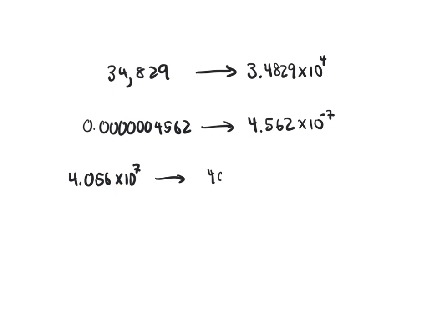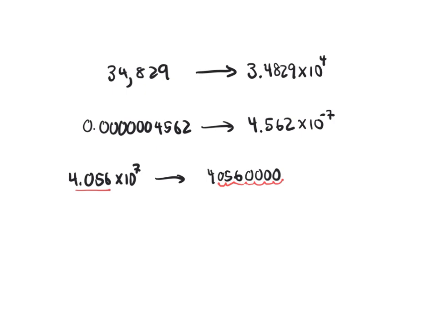So 4, 0, 5, 6. That's moving it 3. Now I'm going to need more zeros because I need to move it 7 places. So that's 3, 4, 5, 6, 7. So this scientific notation number in decimal would be this. I can check myself: if my decimal is here and I move it 1, 2, 3, 4, 5, 6, 7, I get to this base number. So that's how I would change a number from scientific notation into decimal form.